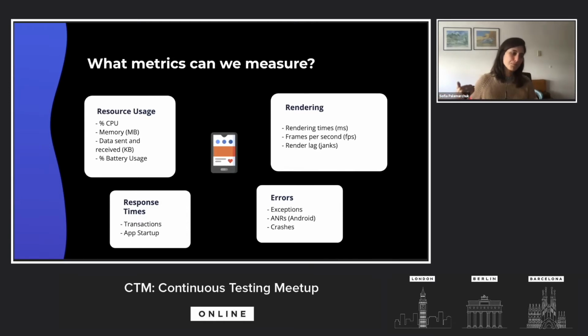So the lower your startup time is, of course, the better. And there are a lot of industry studies about what's good for the user, what's acceptable for the user, and who's going to uninstall your app if it takes too much time to load every time that you want to use it. Okay, so these are some of the metrics that you can start measuring.